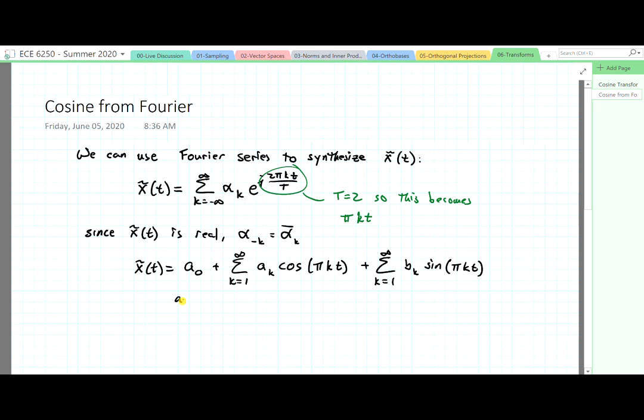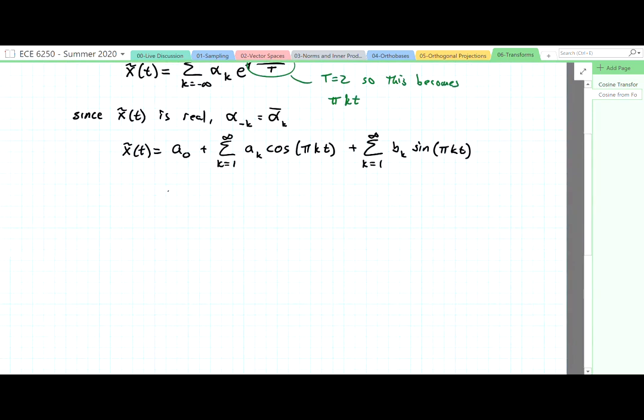So here we have a0 is equal to alpha 0, and ak is equal to 2 times the real part of alpha k, and vk is equal to minus 2 times the imaginary part of alpha k.